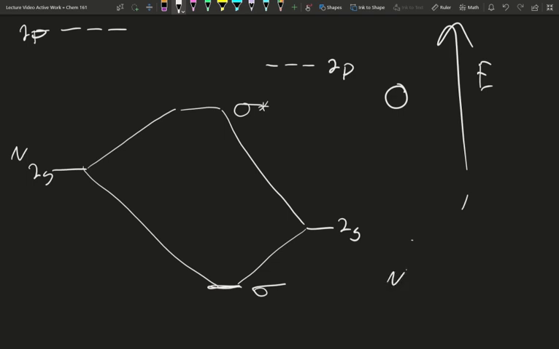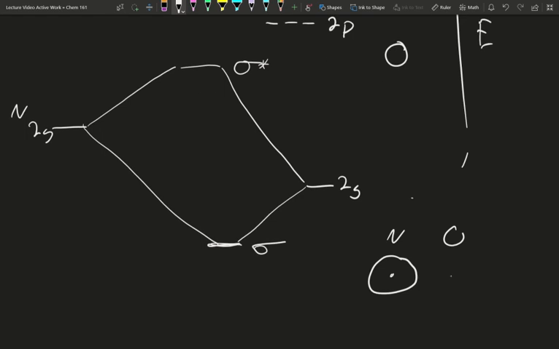Well, I have my nitrogen, I have my oxygen, and my s orbitals are going to overlap. Well, my nitrogen's orbital is a little bit bigger. My oxygen orbital is a little bit smaller. As they come together and they overlap, the density is physically closer to the nucleus from oxygen. When you try to draw this, what you'll find is that it's a little bit more over towards the oxygen.